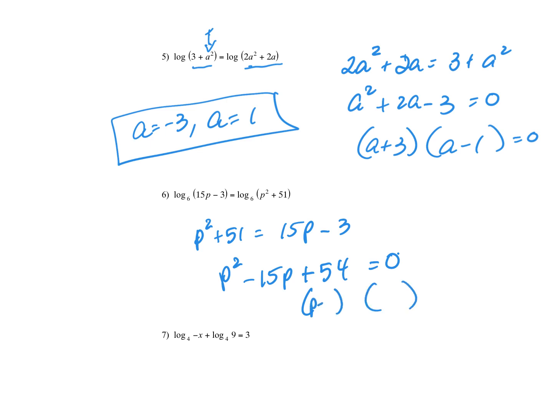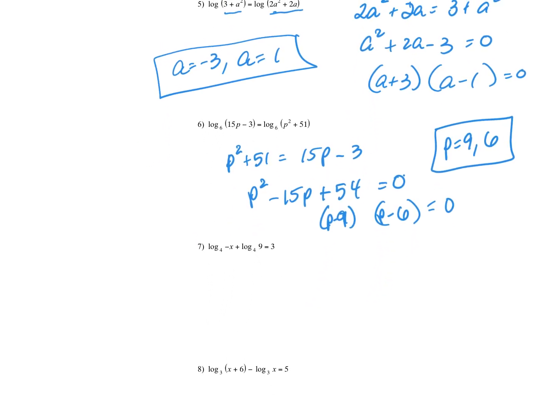That would be p minus 9 and p minus 6, because -9 times -6 is 54, and -9 plus -6 is -15, and that equals 0. So in this case, p equals 9 or 6, and both of those make the equation true. So they're both right. You just plug them back in to make sure they both work. Sometimes they don't both work.